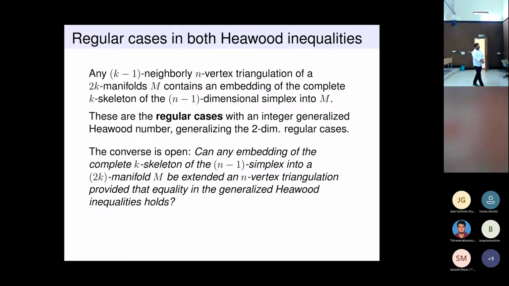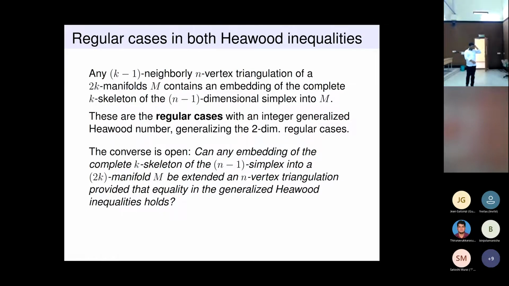Okay. So now we will discuss some regular cases in both Heawood inequalities. Any (k-1)-neighborly n-vertex triangulation of a 2k-manifold M contains an embedding of the complete k-skeleton of the (n-1)-dimensional simplex into M. But the converse is still open.